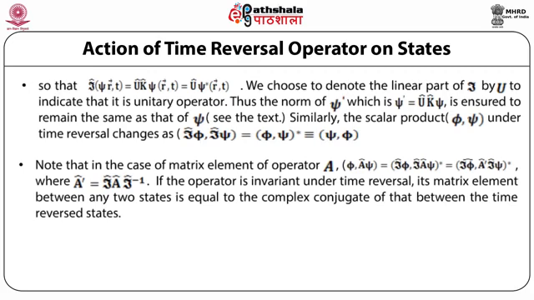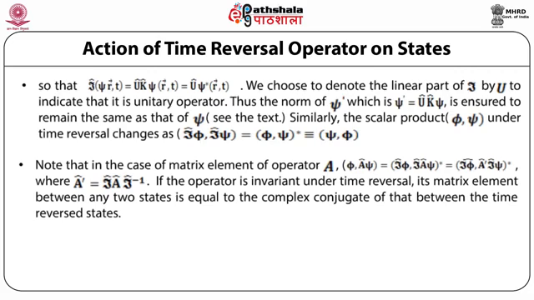This is equal to the scalar product of the time reversal operator acting on the function phi and the time reversal operator acting on the operator A times the function psi, whole star. That means the complex conjugate of the scalar product of the time reversal operator acting on function phi and the time reversal operator acting on the operator A acting on the function psi.